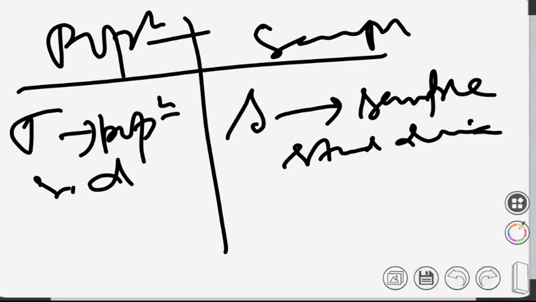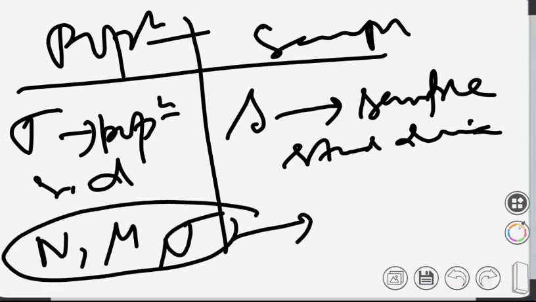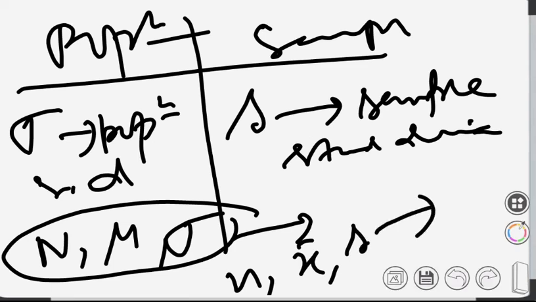Mind that population characteristics in general are termed as parameters. So N, mu, sigma are all different population parameters, and small n, x bar, small s are all different sample statistics. Population characteristics are called parameters, sample characteristics are called statistics.